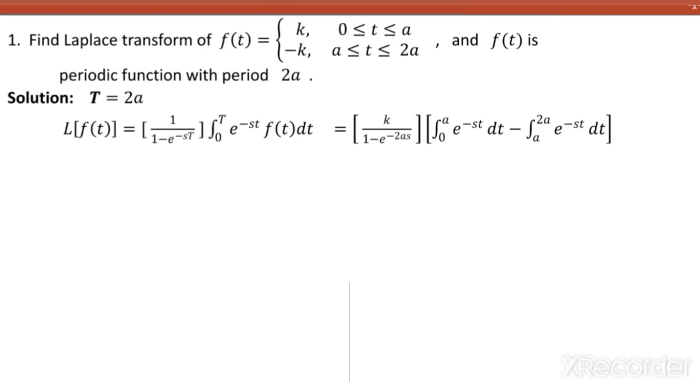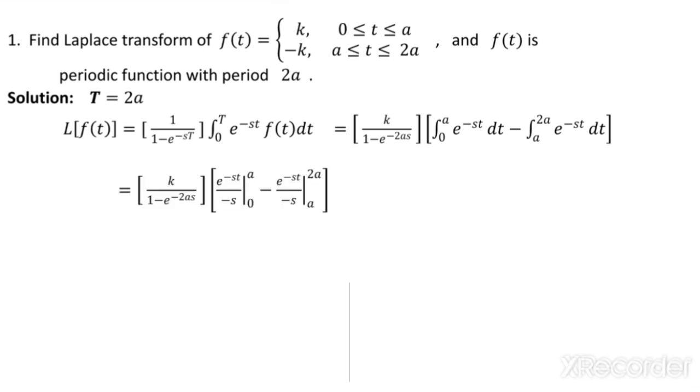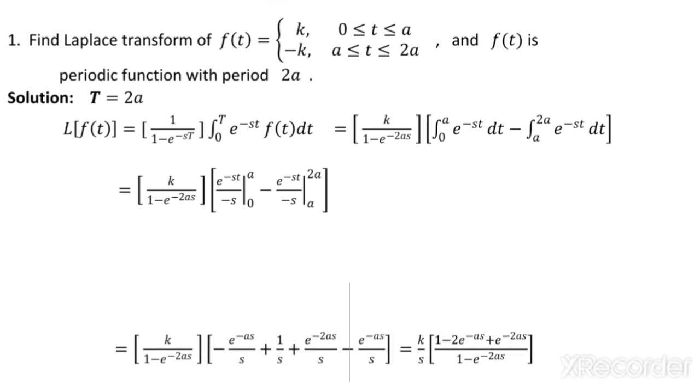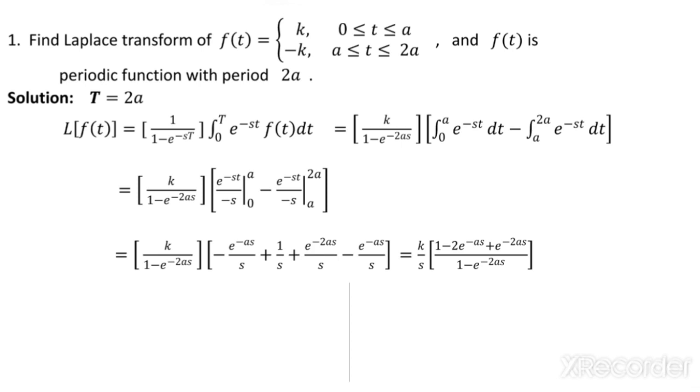So what is the integral of e power minus st? It is simple. Integrate it: e power minus st by minus s, and apply the limit, upper limit minus lower limit. So this gives k times 1 over 1 minus e power minus 2as, which is constant anyhow. So apply the limit, upper limit a minus lower limit.